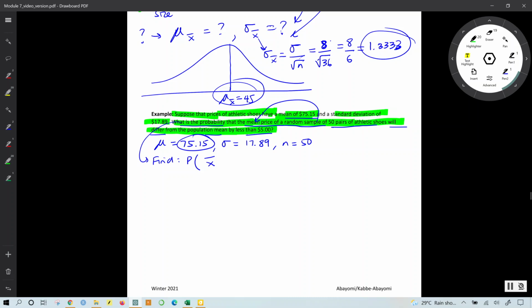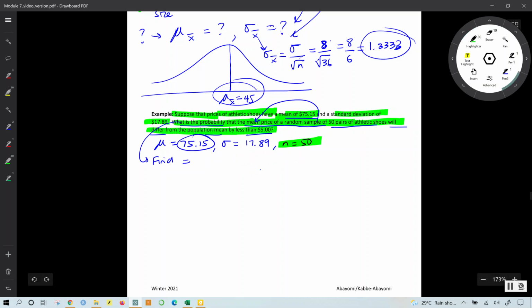$5. What we first note is, to fully interpret this question, we might need a picture to give you a visual aid. So I'm going to erase this so that gradually you'll be able to see what we're working on. First of all, note that the sample size is 50. It is greater than 30.